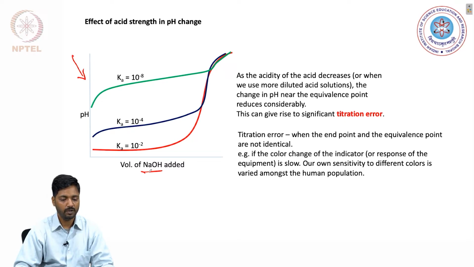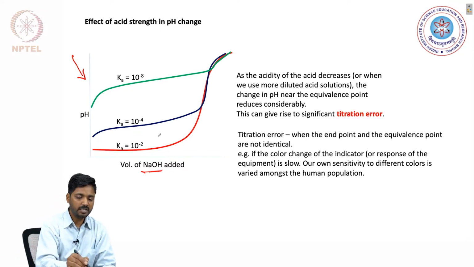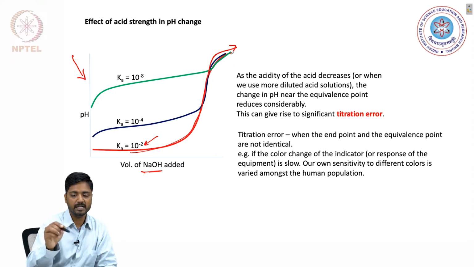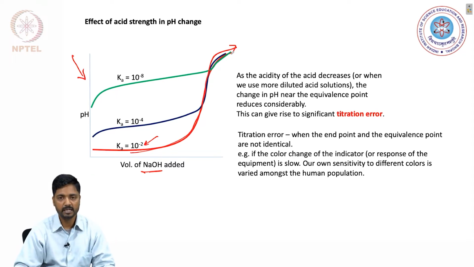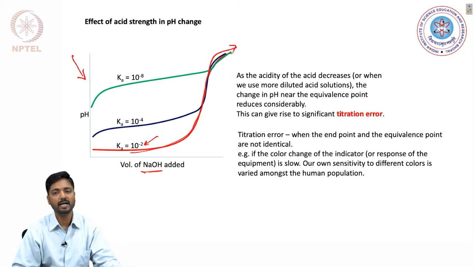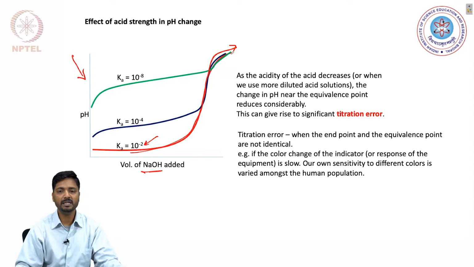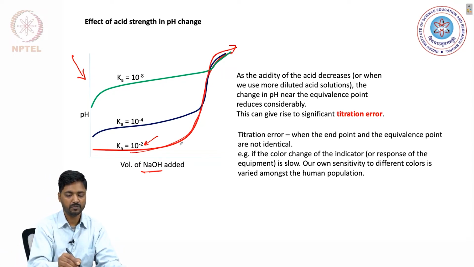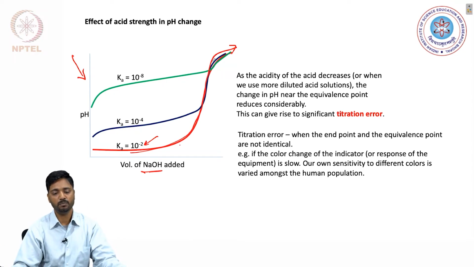And what we observe is that for the strongest acid, we obtain the sharpest profile, which is indicated as the red profile. And what we see here is that there is a tremendous change in the pH of the medium as more and more NaOH is added.